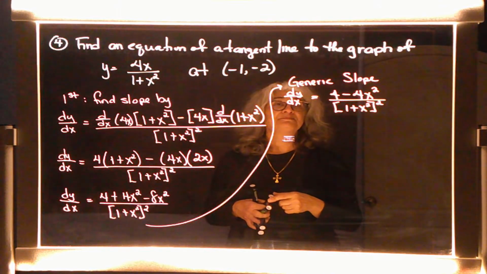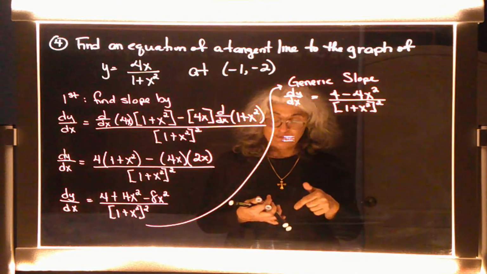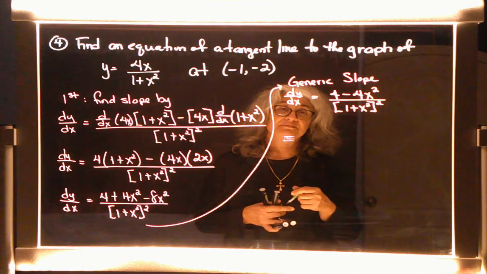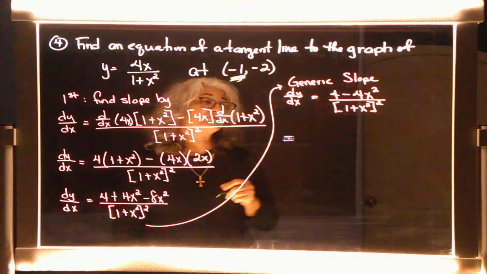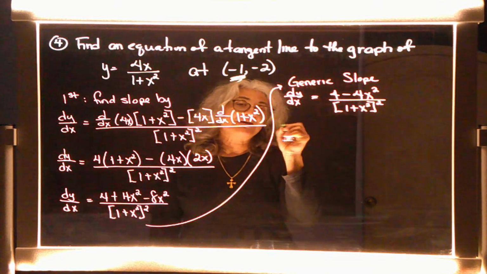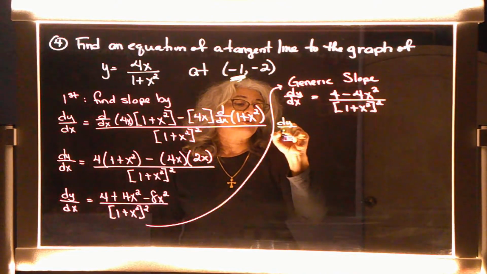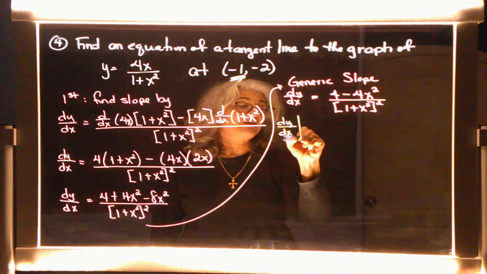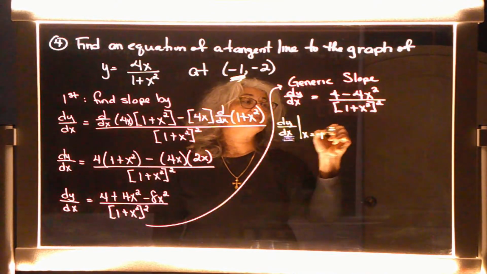Agreed? Okay, but that's the generic slope. How do I find the specific slope for this problem? Good. You got to plug in the x, don't you? So I am going to switch this a little bit. Well, the derivative of y with respect to x evaluated at x equals -1, right?